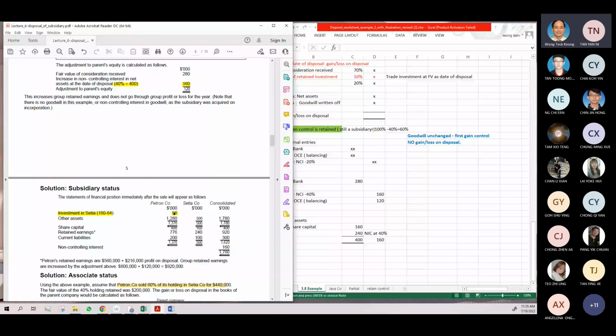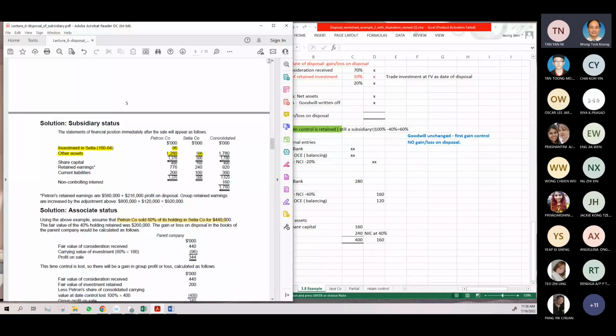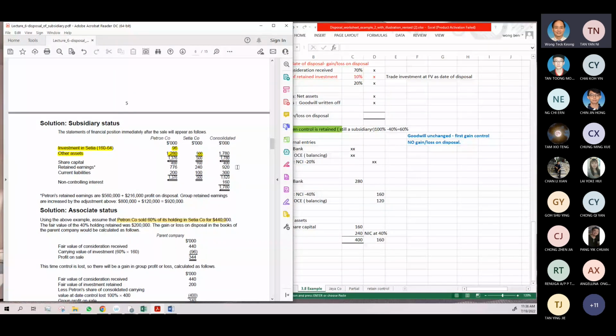Then you do consolidation, you just add across: other assets, parent plus subsidiary. Share capital, you just take the parent's. Retained earnings, parent plus post-acquisition profit. And other liabilities, parent plus subsidiary. So you got your NCI 160. Where do you get the NCI from here, remember? The 400,000 times 40%, NCI 160.